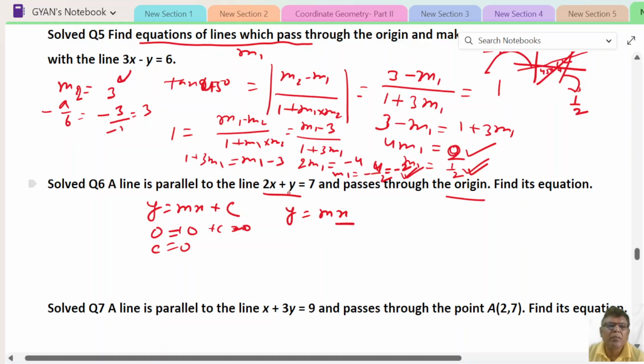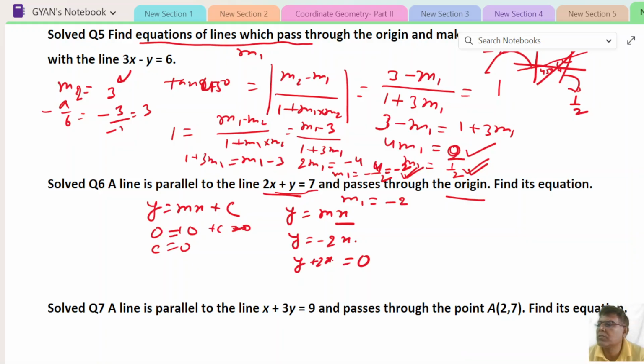You can find m1 is equal to m2. So this m will be the same. So then m is equal to m1 is equal to minus 2. Then the same y is equal to minus 2x. So y plus 2x is equal to 0. So this is the equation. Now come to question number 7.